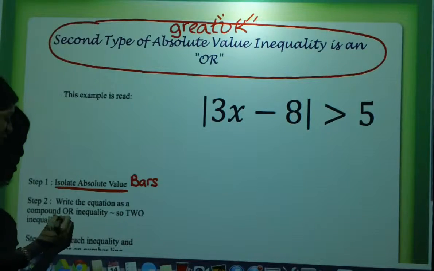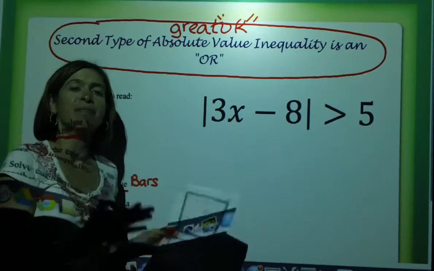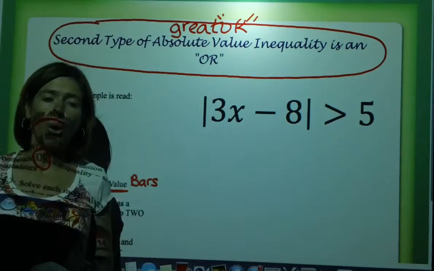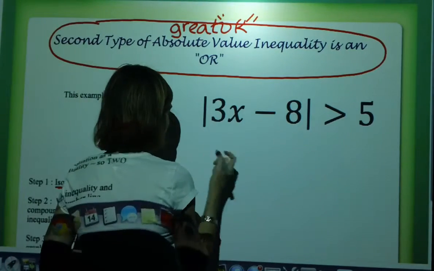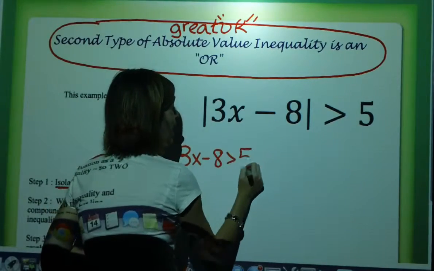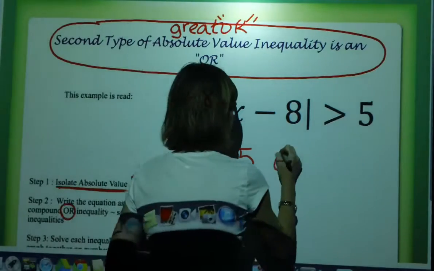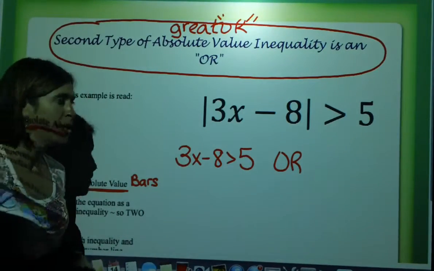But now that it's an or inequality, remember from what we warmed up with, that or inequalities are two separate inequalities with the word or in between them. So I take my first inequality out of the absolute value bars and I just write it as it's given. Then I write the word or. Now I have to write a second inequality.